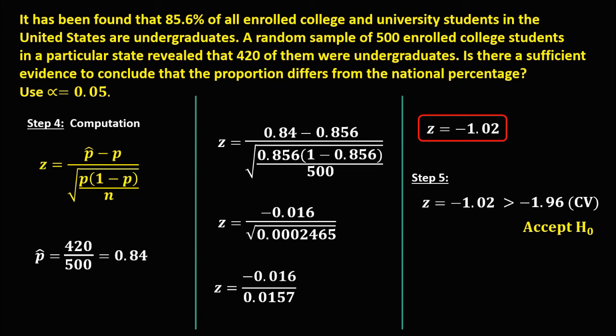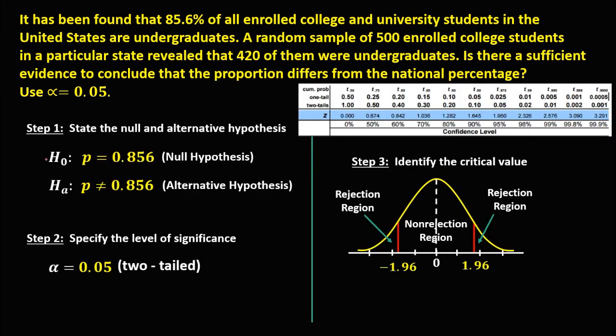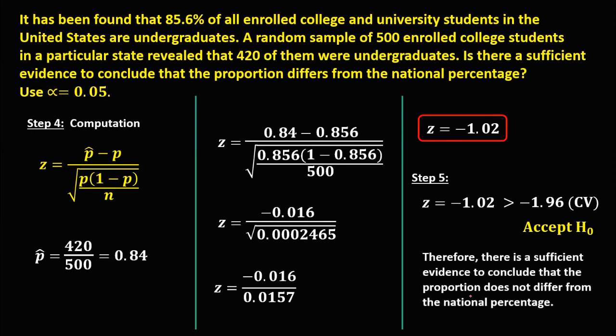Since we accept the null hypothesis, we reject the alternative hypothesis. Therefore the population proportion is equal to 0.856. So there is not sufficient evidence to conclude that the population proportion differs from the national percentage.